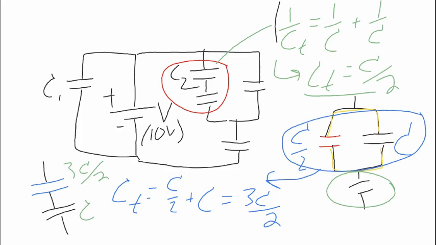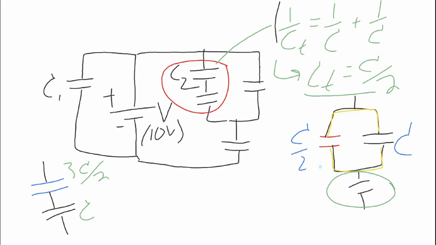So I want to redo this calculation. We have 1 on C total is equal to 1 on 3C on 2. What is 1 on 3C on 2? That actually is 2 over 3C. And then you have plus 1 over C.